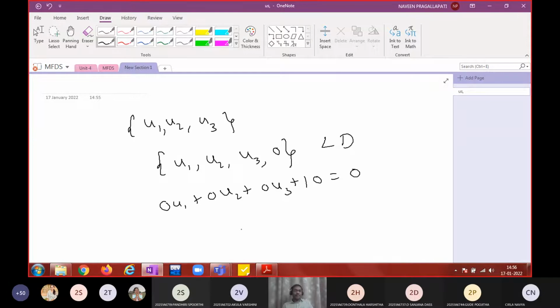Agreed or not? Yes, sir. What are the scalars? A1 equals 0, A2 equals 0, A3 equals 0, and what is A4? 1. Therefore, I'm able to find at least one non-zero scalar such that the linear combination becomes 0. Therefore, the given set of vectors is automatically linearly dependent. Am I right?